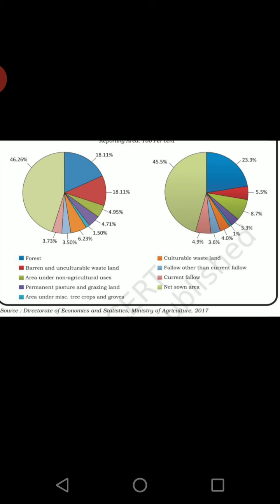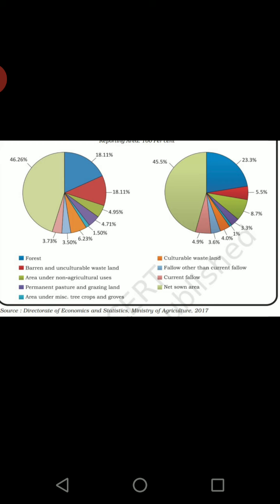We have many answers. People have become aware nowadays and have started doing afforestation. But the actual reason lies in the counting, that is, which area we count under forest. Under forest in India, we are counting even the plantations.